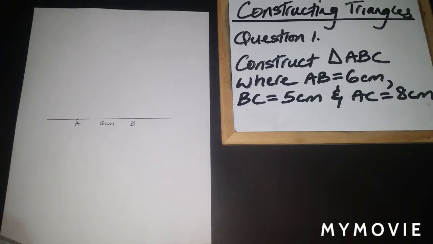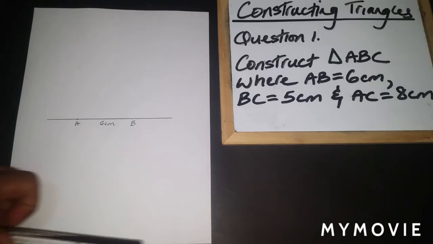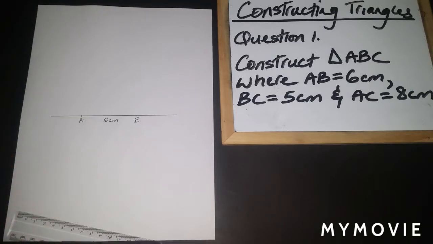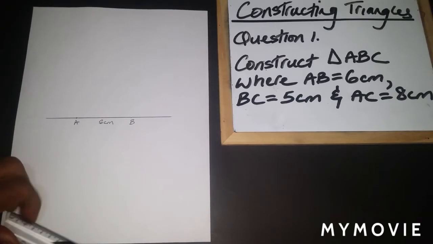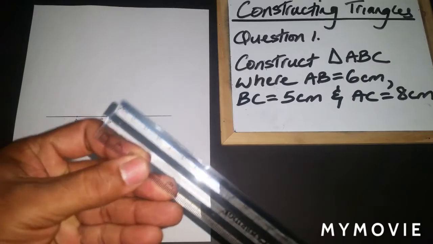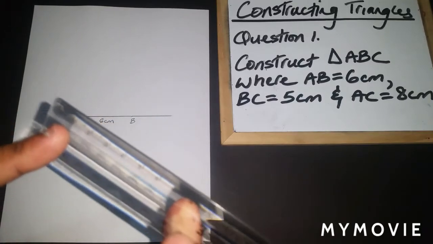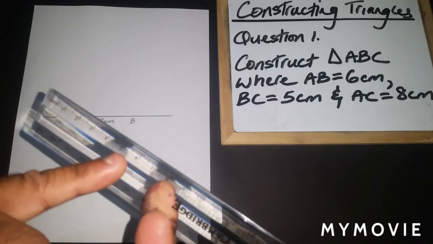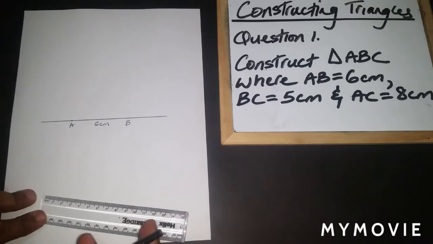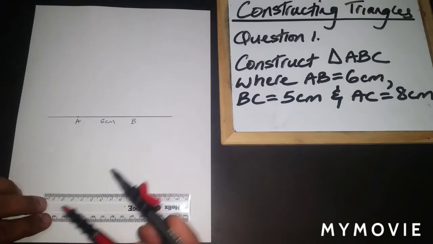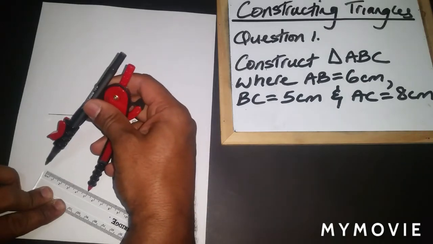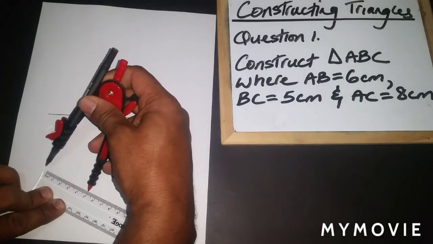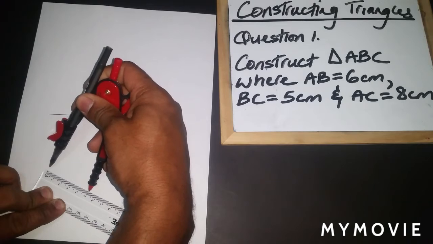So what we wanted to know is the length of BC, which is 5 centimeters. So what we're going to simply do is take our compass and using our ruler, measuring from 0 to 5, the length of BC. So we're simply going to measure that length, and you try as best as possible to make sure that it is extremely accurate.